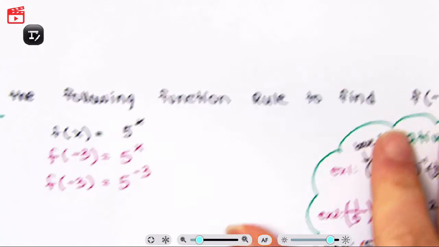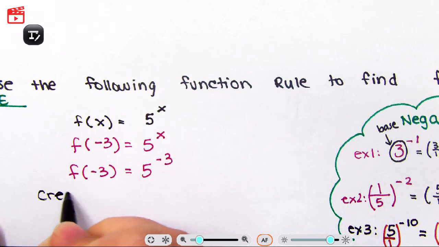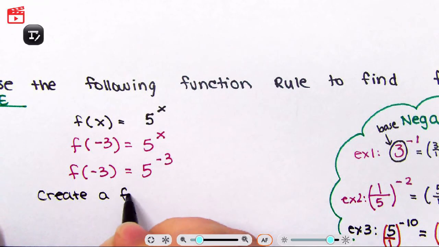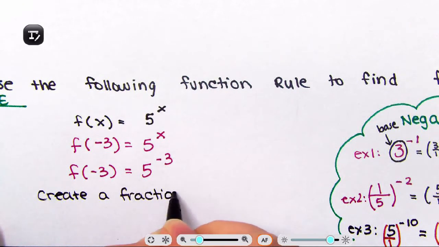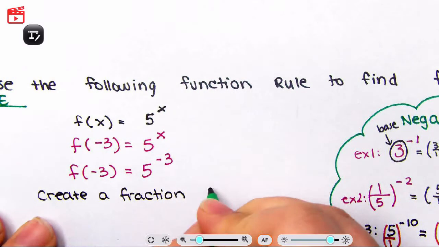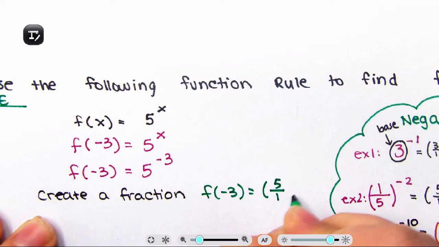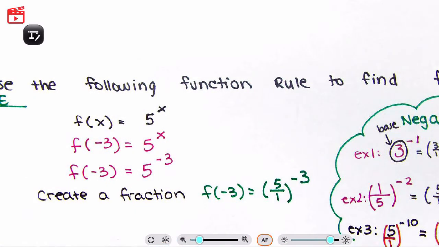In this case, because we have a negative exponent, you're going to create a fraction. f of -3 is equal to 5/1 to the -3rd power.